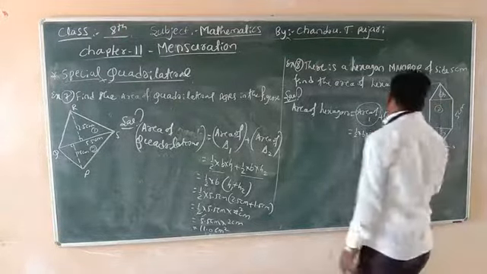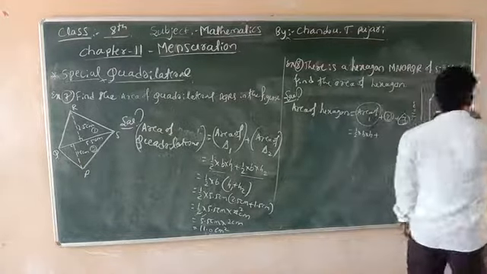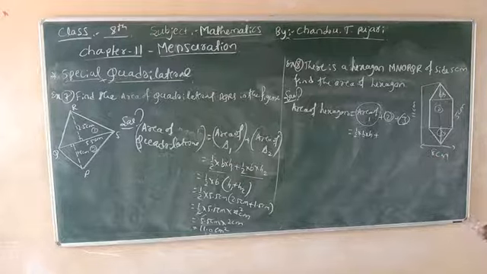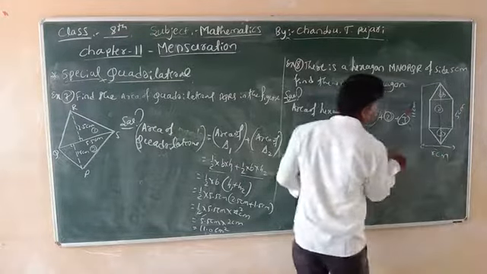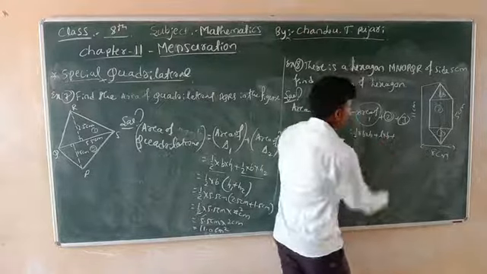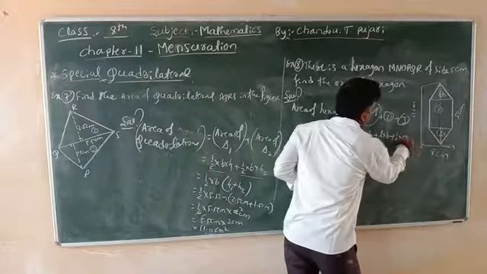Next, this is 8 centimeters. The middle part is a rectangle, length into breadth. The triangle is again 1 by 2 into base into height.